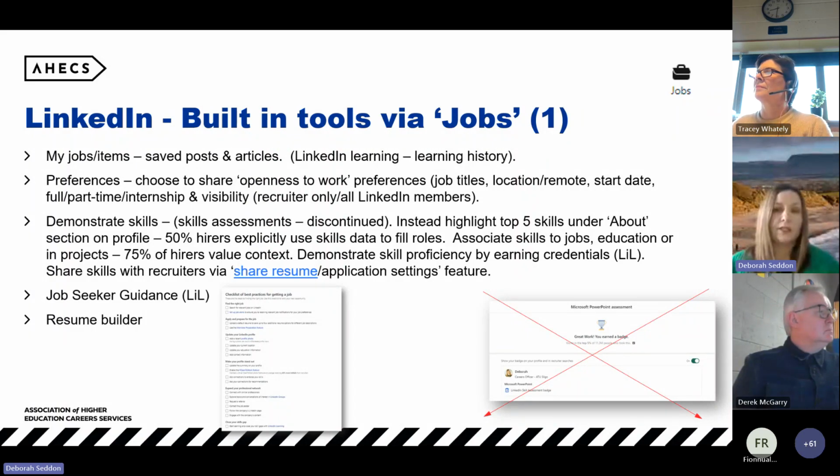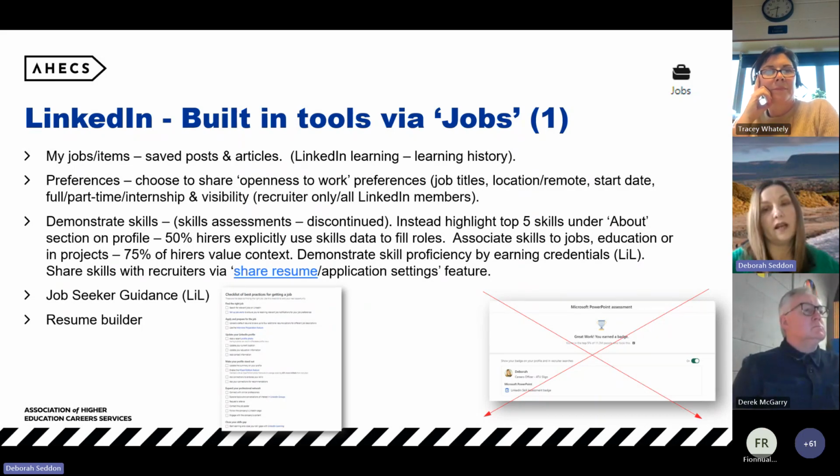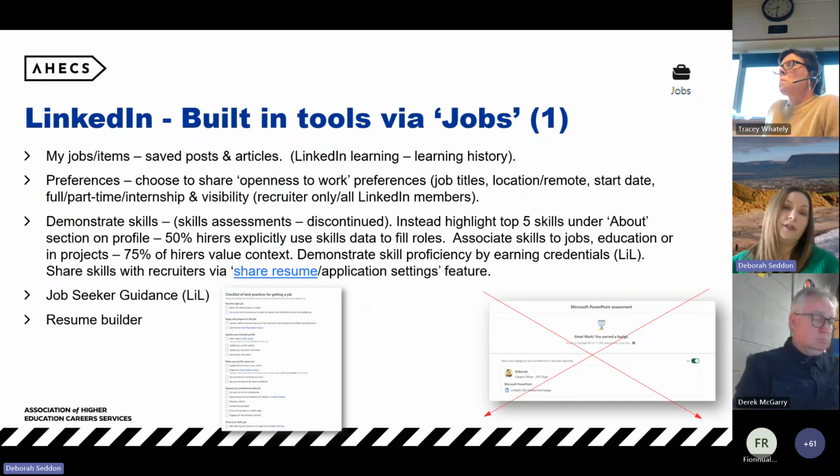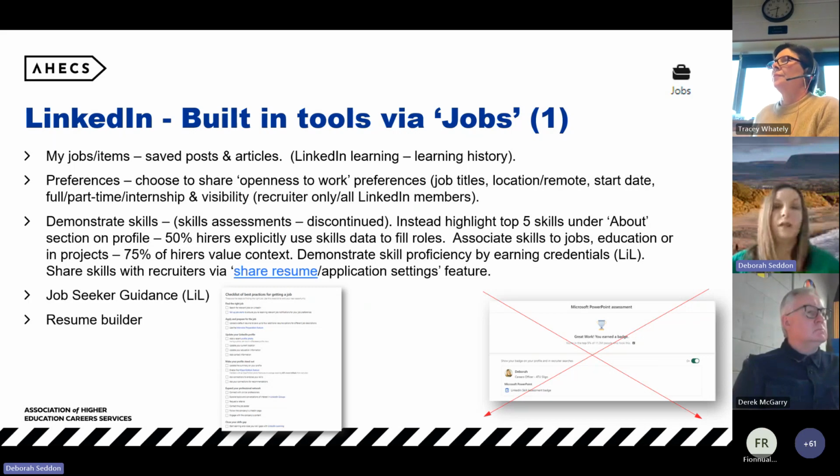And obviously we know how important it is to highlight the skills. You can see there some of the statistics I've added onto the slide here, which highlight how much hirers do value that skill and that demonstration of skill content. If your LinkedIn account is synced with the LinkedIn Learning account, there is a job seeker guidance element that's really useful.